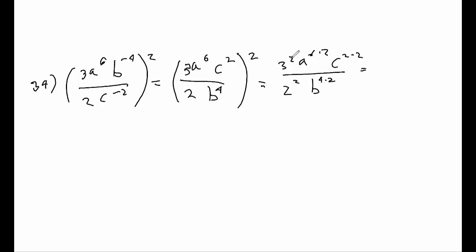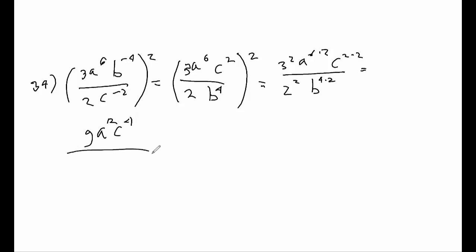So now I'll just work out the rest of it. So 3 squared is 9. A, 6 times 2. Well, 6 times 2 is 12, so that's a to the 12. C to the 2 times 2. Well, 2 times 2 is 4.